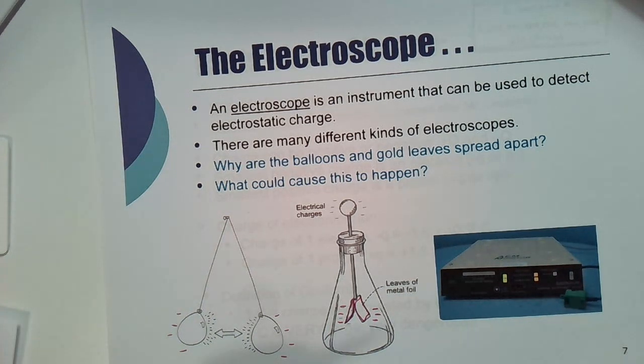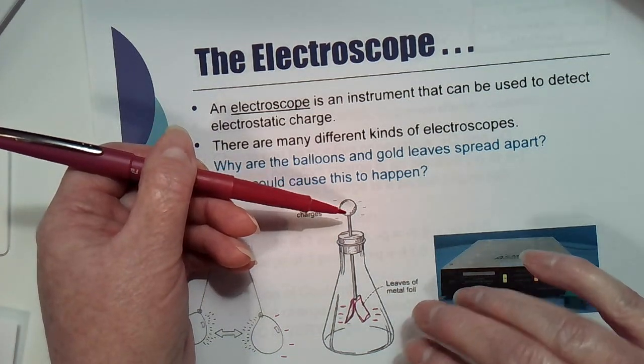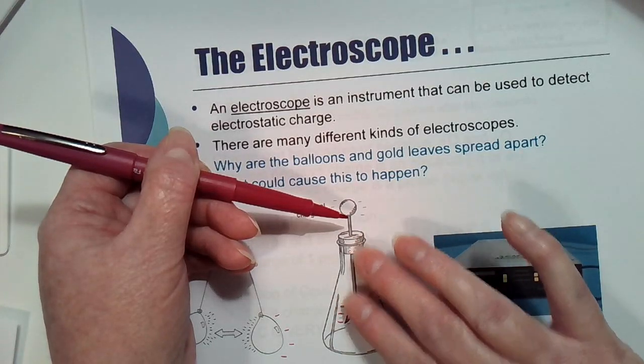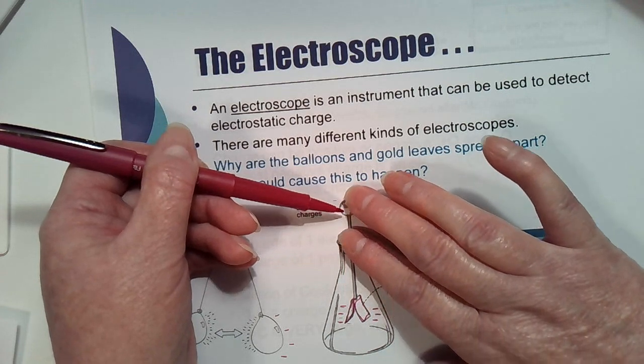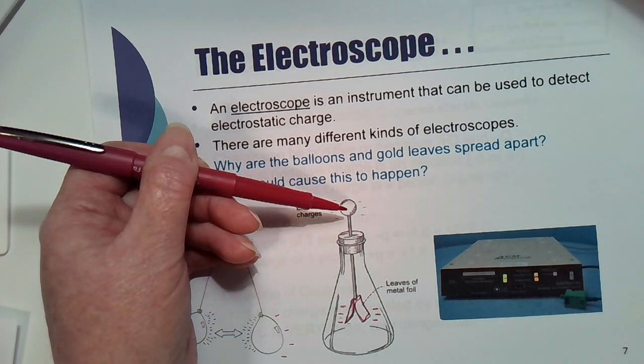But I also want to make it clear that if my pen was positive and I touch this, since my pen is positive, lots of electrons come out of the flask and the rod and go into my pen because they're attracted to my positive pen.